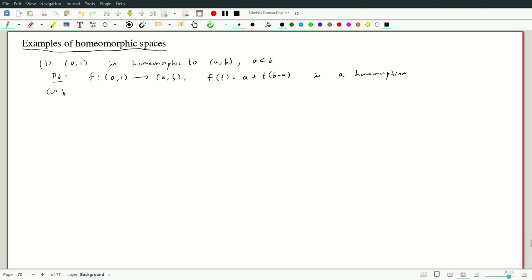So the corollary here is that any two open intervals are homeomorphic. Now exactly the same way we get any two closed intervals are homeomorphic.